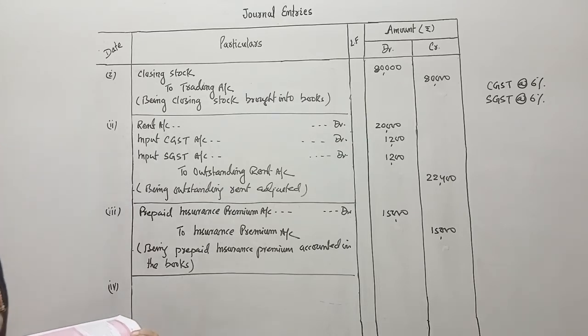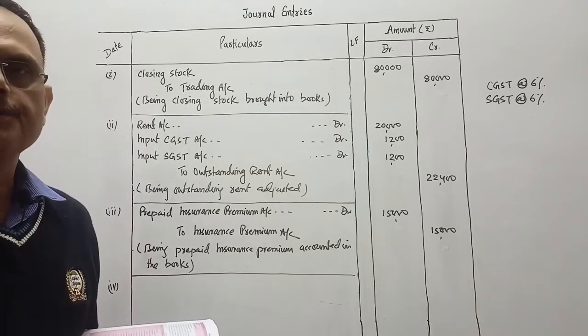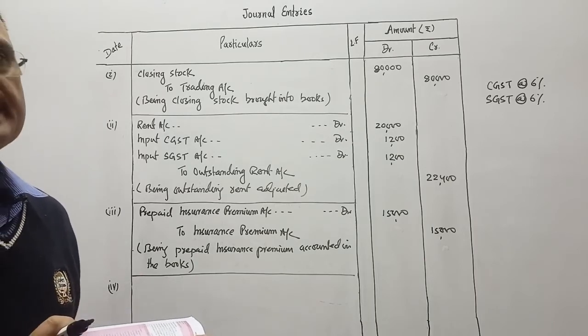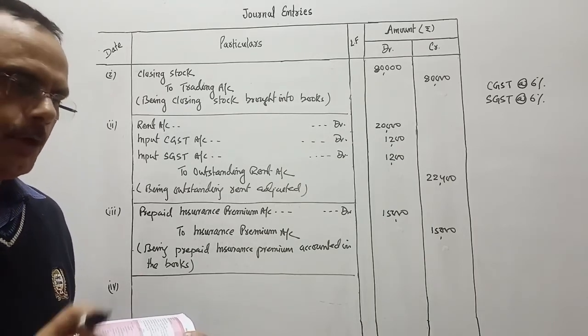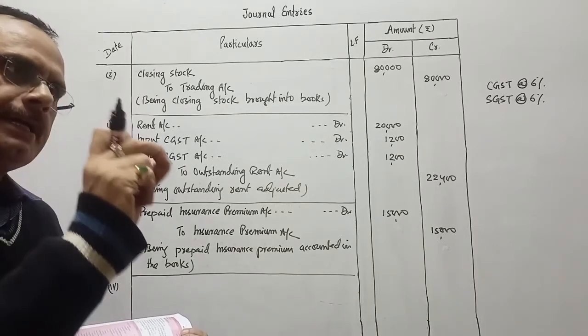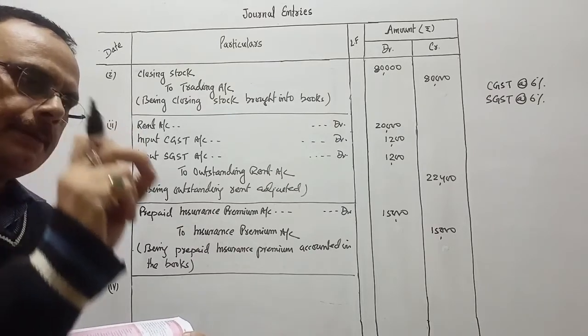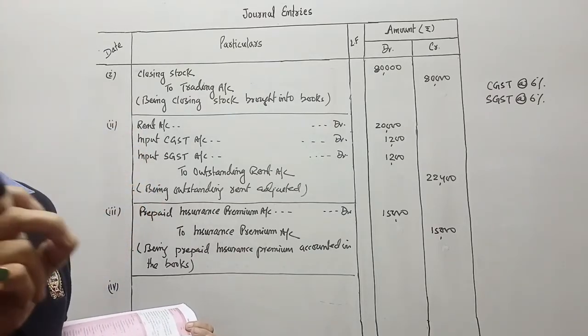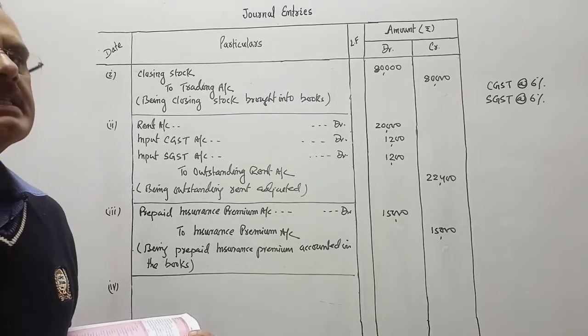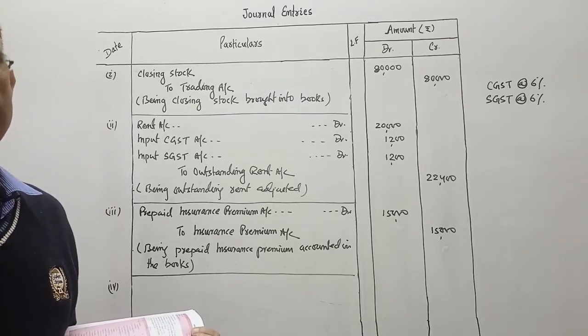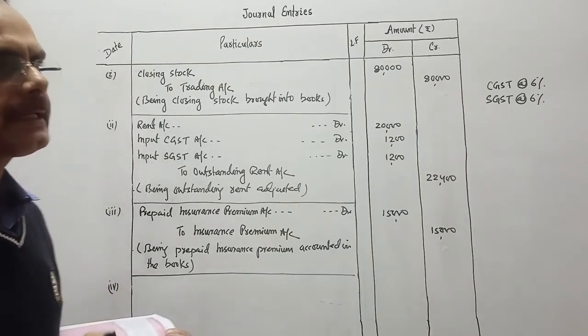In unearned rent as well, we are not going to record the CGST and SGST in adjustment, because when we received that income, output CGST and output SGST was credited at that time.